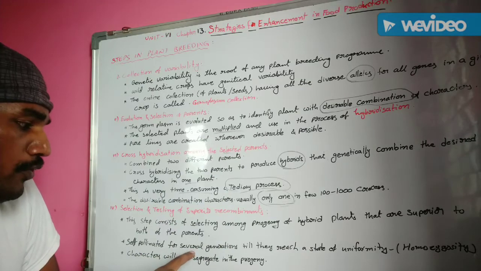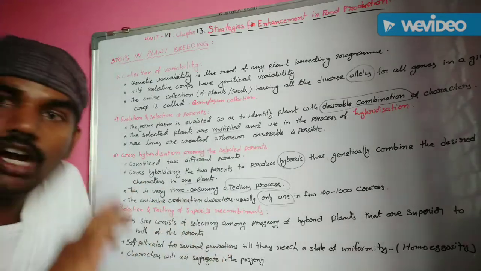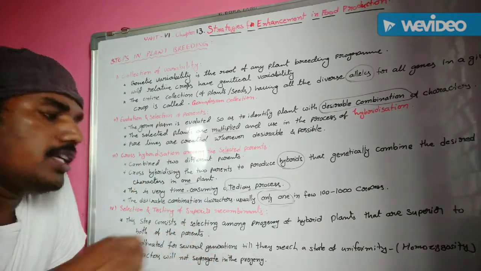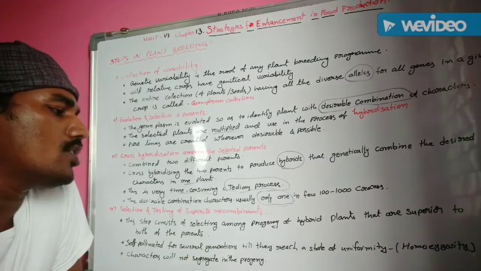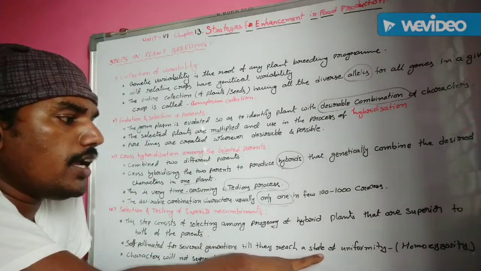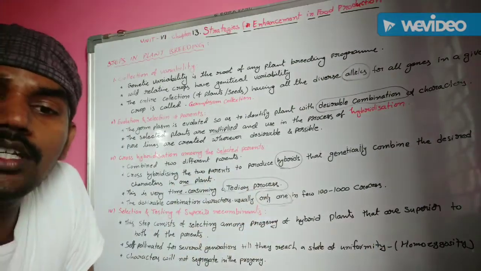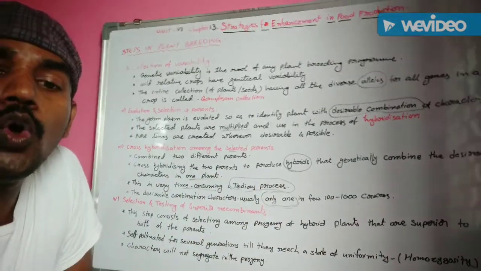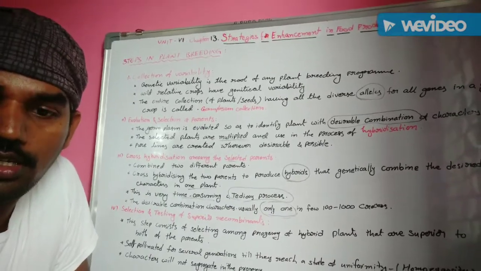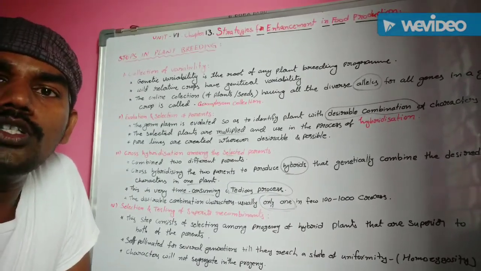self-pollinated for several generations. వాటికి మళ్ళీ సెల్ఫ్ పాలినేషన్ చేస్తాం till they reach a state of uniformity. Uniformity means nothing but homozygosity. Understand? Homozygosity.